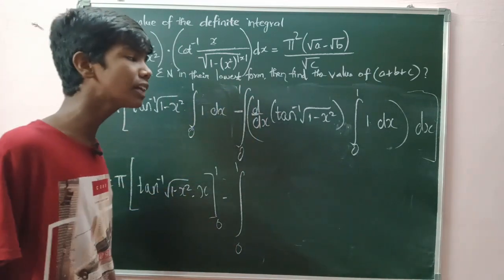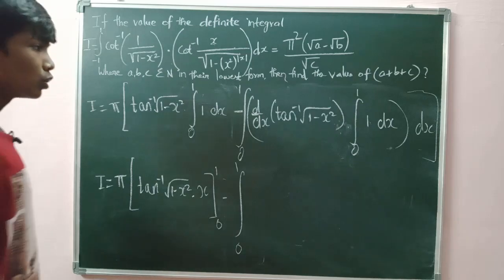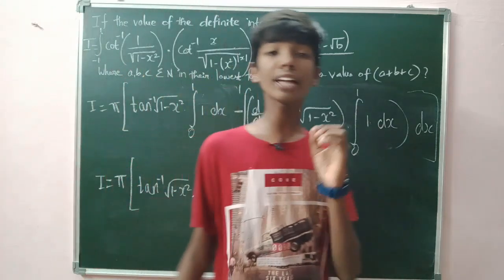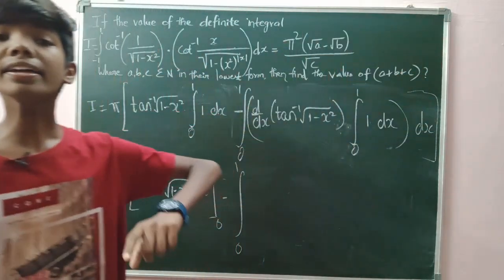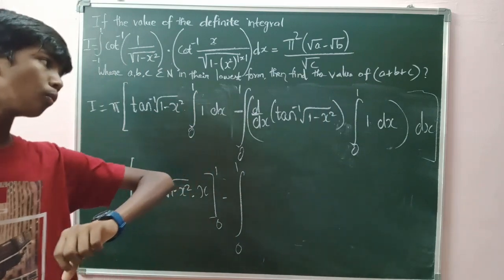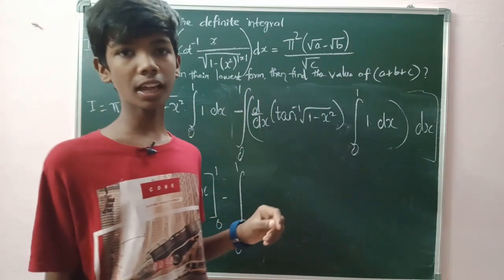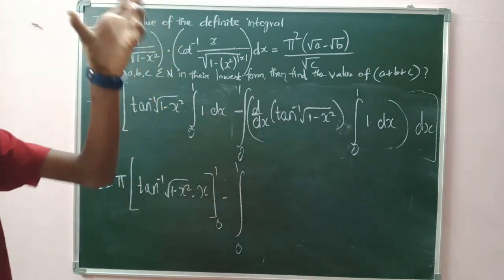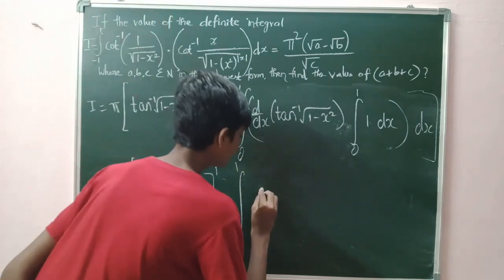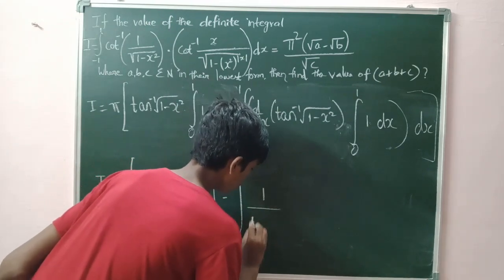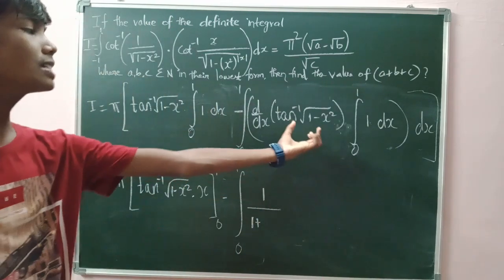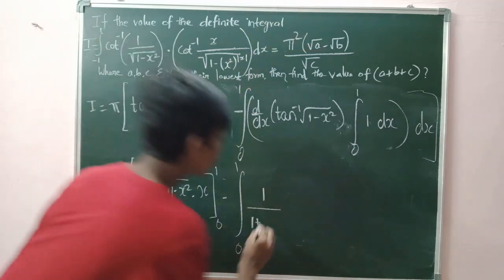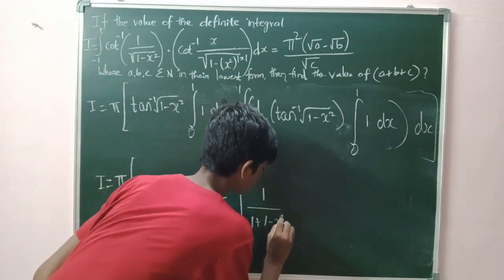How will you find the derivative of tan inverse of root of 1 minus x square? So we know that d by dx of tan inverse of x is 1 by 1 plus x square. Correct or not? 1 by 1 plus x square. That means 1 by 1 plus the inside function square. So I can write it as 1 by 1 plus the inside function square, which is root of 1 minus x square, the whole square, is 1 minus x square.